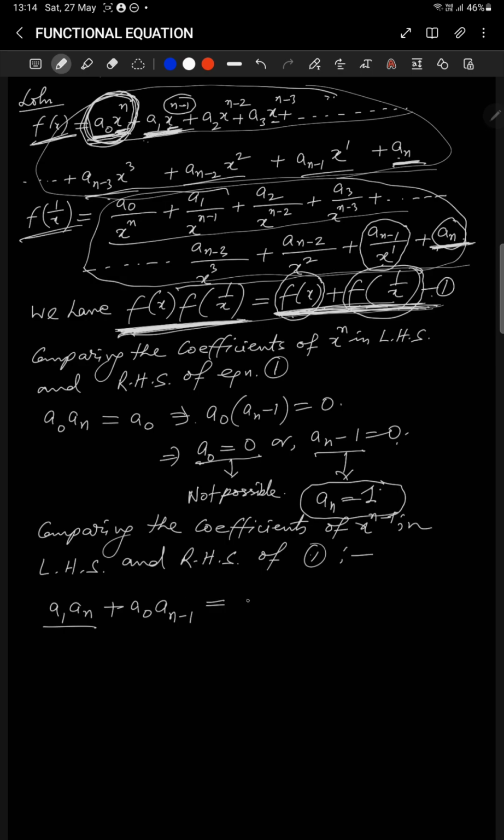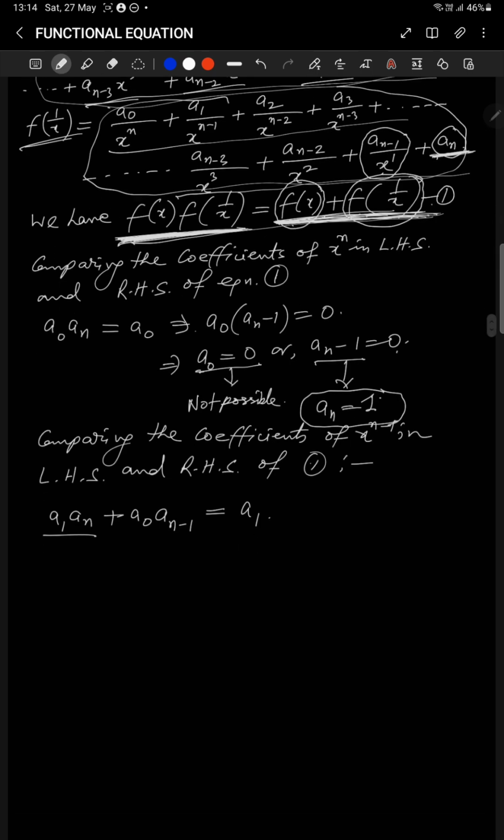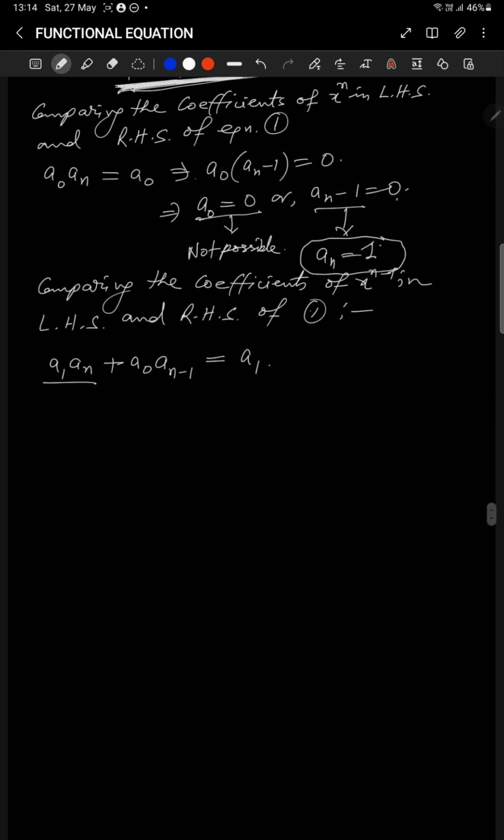So let us write in the right hand side a1. I hope you all have understood till this point. Now we have already calculated an is equal to 1. So if we put this an equal to 1, what we are getting is a1 plus a0 a_{n-1} is equal to a1.